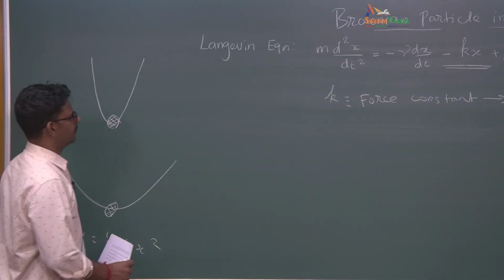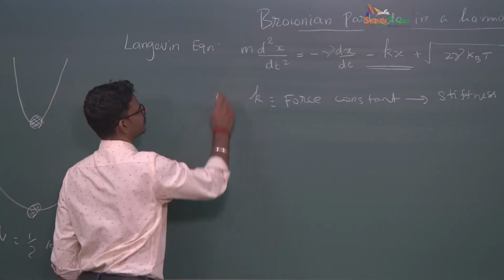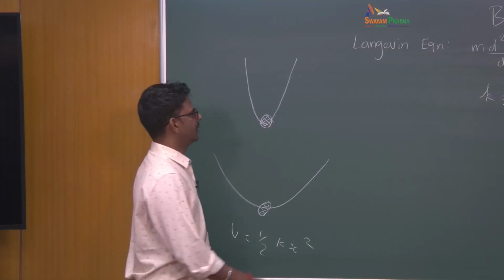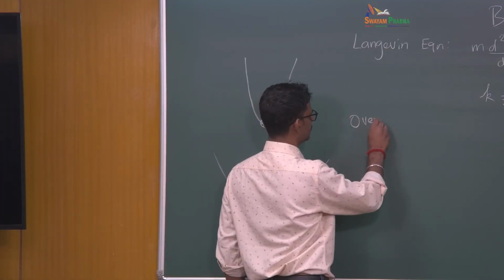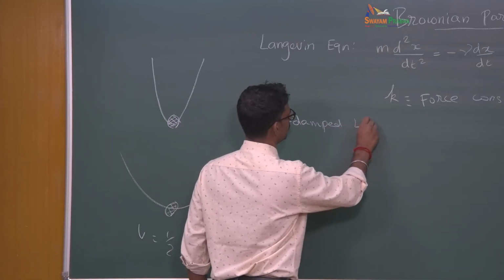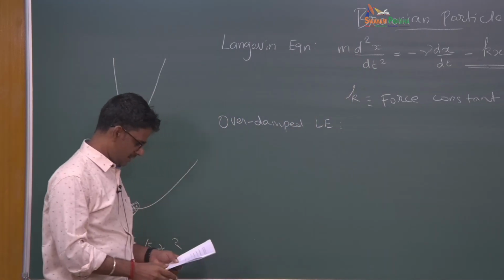In this case, we will convert this equation by eliminating the inertial term, so that we will work in the overdamped limit. So we say overdamped Langevin equation. So this term vanishes.